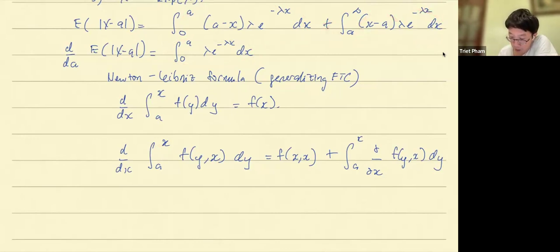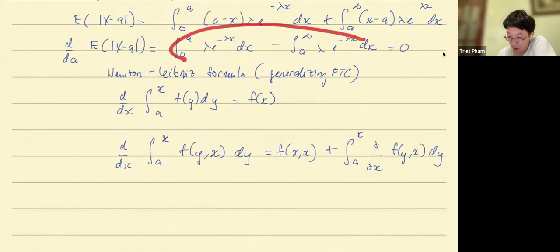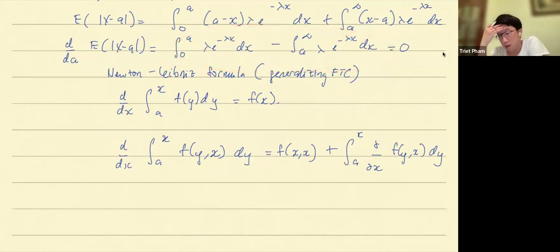What you get is minus the integral from a to infinity of lambda e to minus lambda x dx. Okay, so far? And that's what I want to tell you, that using the Newton-Leibniz formula is going to be much quicker. Any question?